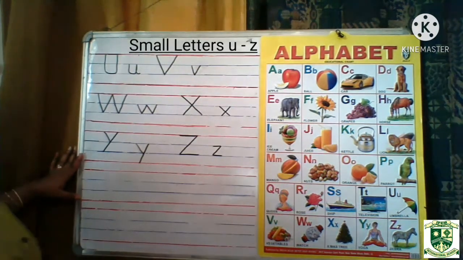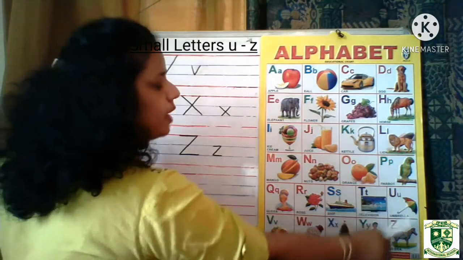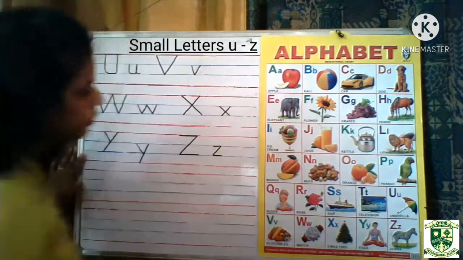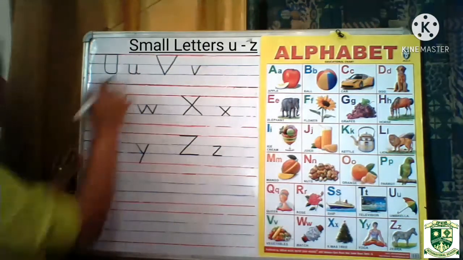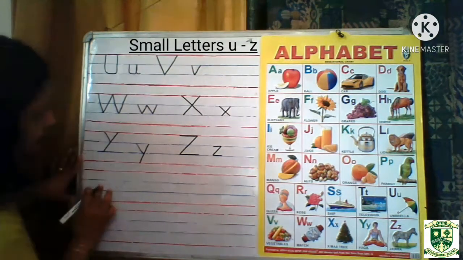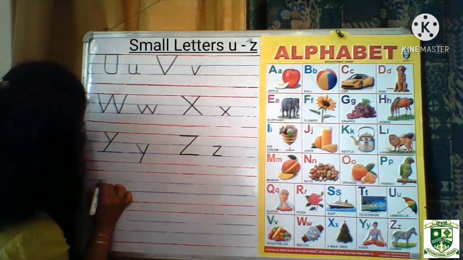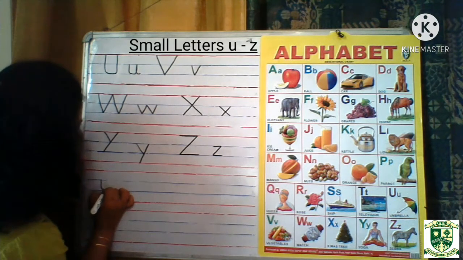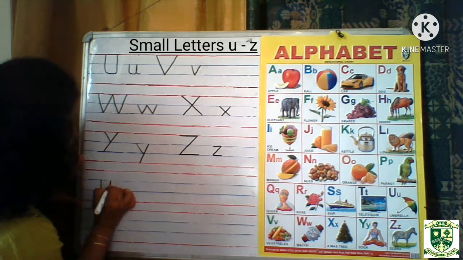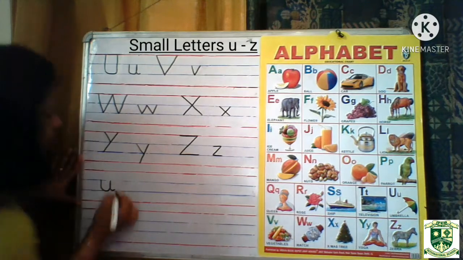Now children, let us quickly revise how we'll write small letters from U to Z. How will we write small u? In between the two blue lines, make a standing line, give a little curve, go upwards and come down and give a little turn.